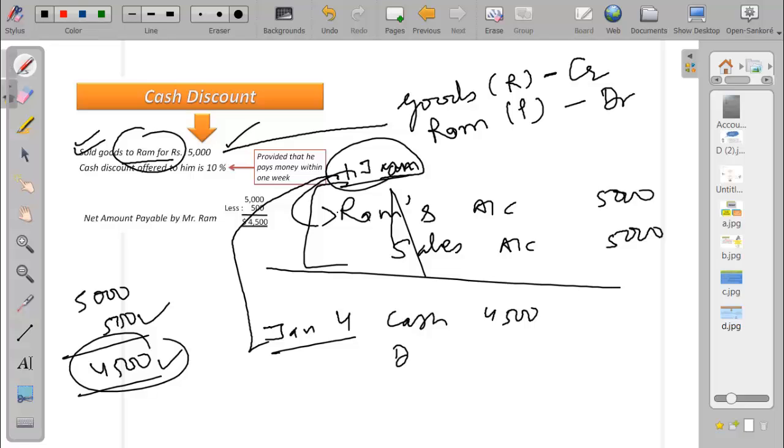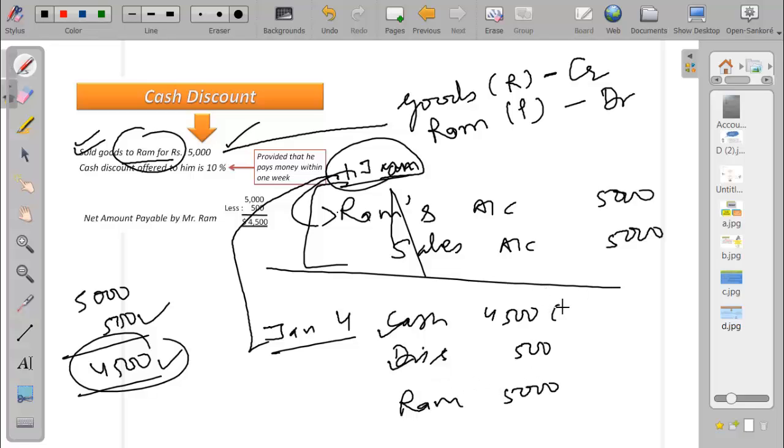And there is a loss in the business, a loss of 500. We received the cash and we are suffering a loss also of 500. And who gave me this cash and loss? Ram. So I will write Ram also with 5000.